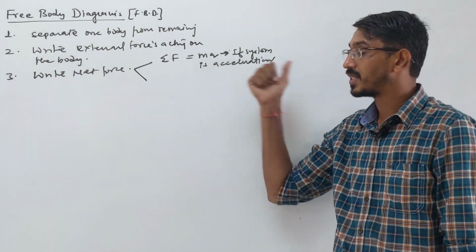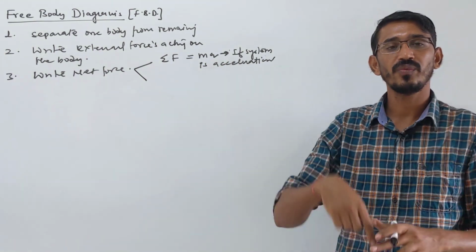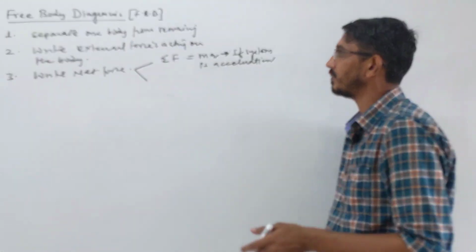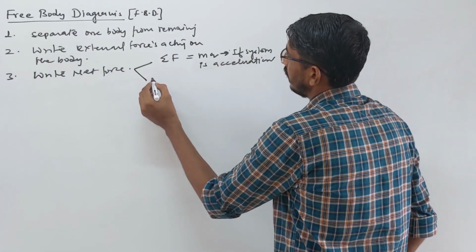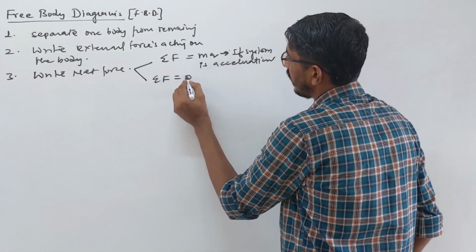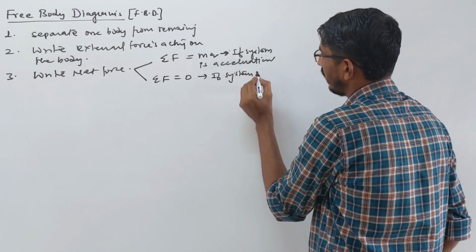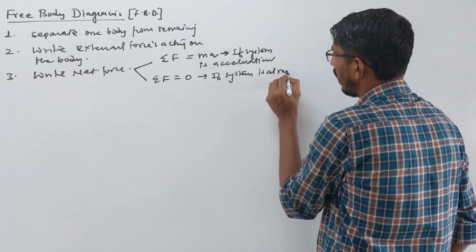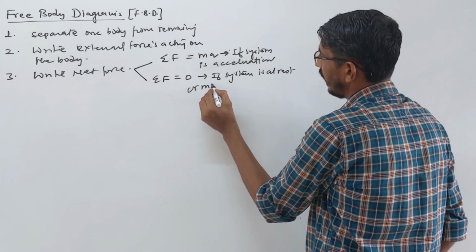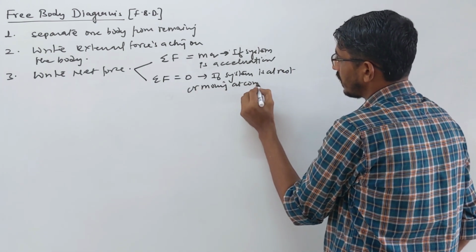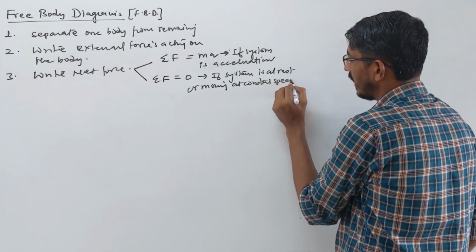This can be in the x direction, horizontally, or vertically. Then net force will be equal to 0 if the system is not accelerating, is at rest or moving at constant speed.